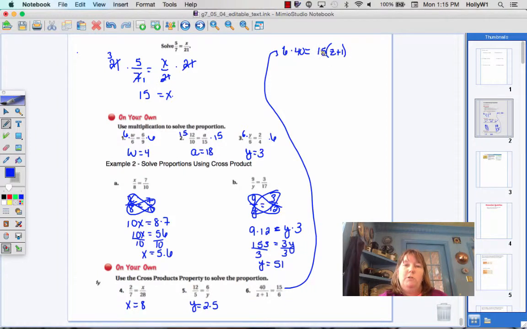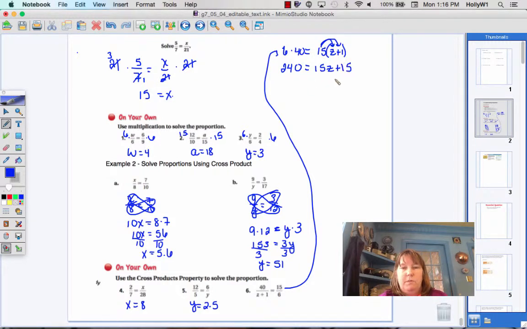You have to remember your distribution property here. So 6 times 40 is 240. And now we're going to distribute the 15 onto everything inside of the parentheses. So 15 times z is 15z, plus 1 times 15 is 15.